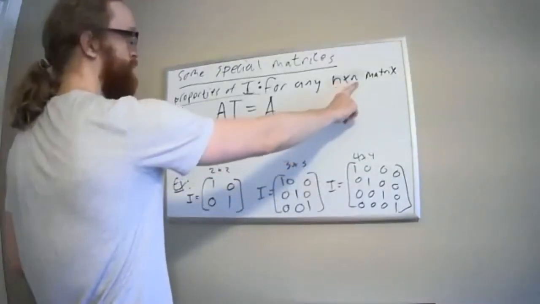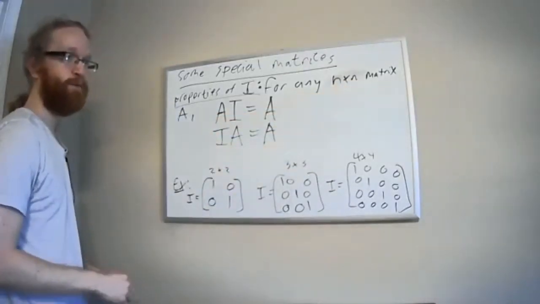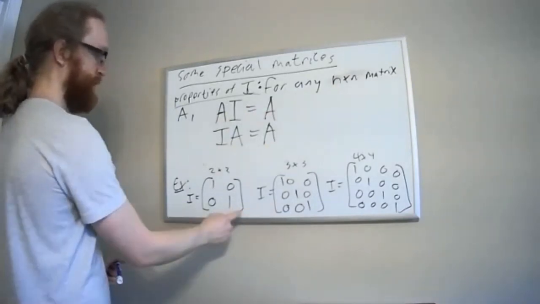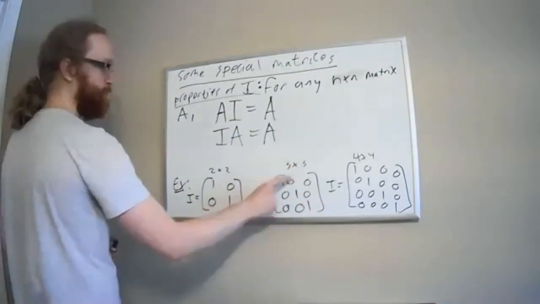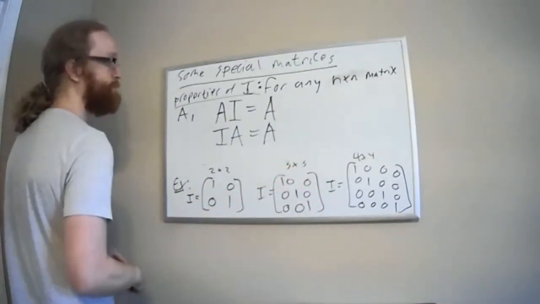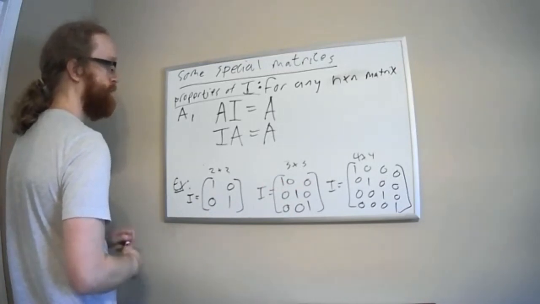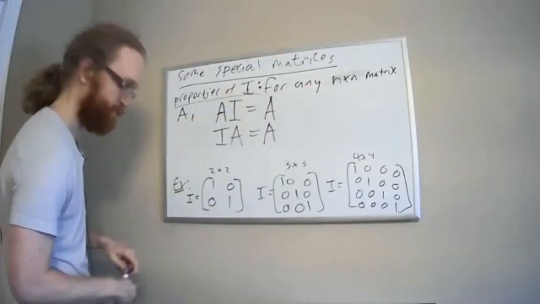This is the number of rows, this is the number of columns. By saying n by n, I'm saying that A has the same number of rows as it does columns. Here are some examples of n by n matrices: 3 by 3 means it has 3 rows, 3 columns. That's what I'm referring to. Gotcha. And A is just any matrix that has the same number of rows as columns.